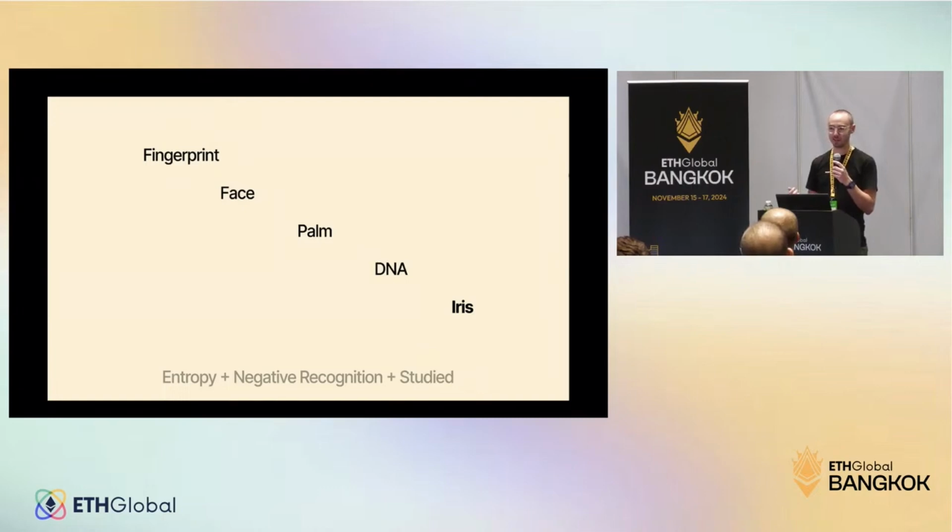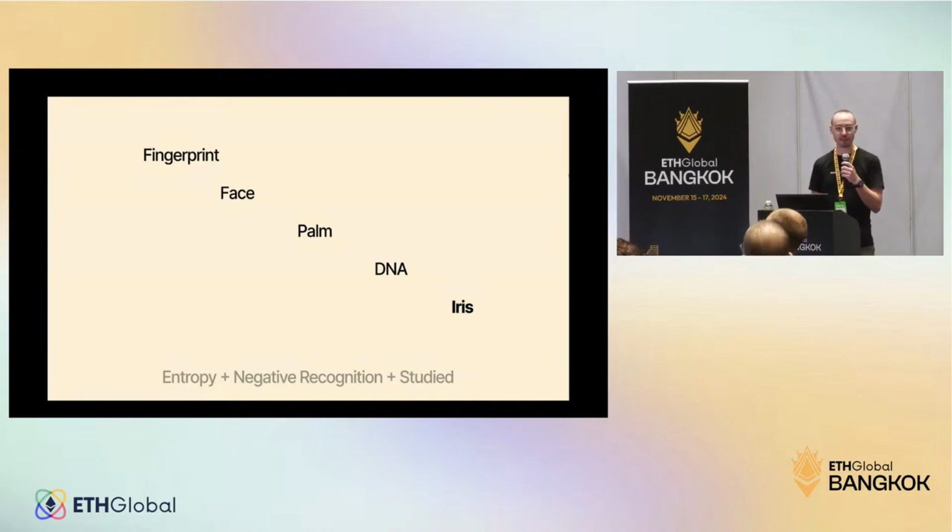But 1 in a million for determining if you're unique amongst all 8 billion or so humans that exist breaks down really, really quickly. We also took a quick look at DNA, right? It's very, very unique to every individual, but it can't be done in a private manner, right? There's no way that we could say we don't know anything about who you are if there's DNA involved.